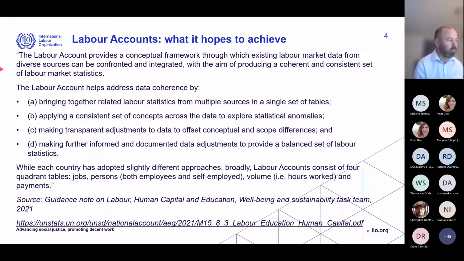A quadrant that focuses on persons, which would be employees and self-employed included. A quadrant that focuses on the volume of work done, which is hours worked, and a quadrant which focuses on payments, so labour costs, earnings, and so on. And that these four quadrants create the framework for a coherent and comprehensive set of data on labour.